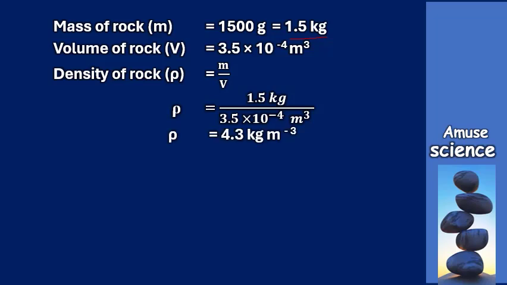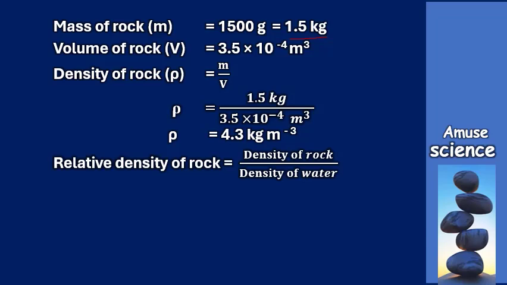So let's find the density of the rock, which is mass of the rock divided by the volume of the rock. In this case, we are going to have 1.5 kilograms divided by 3.5 times 10 exponent minus 4 cubic meters. And we are going to get 4.3 times 10 exponent 3 kilograms per cubic meter for the density of the rock.